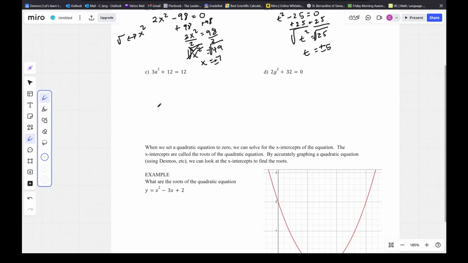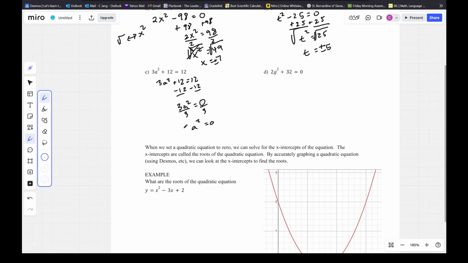Here it's a little bit more complicated, but not too much. 3a squared plus 12 is equal to 12. Before, the other ones had 0, but let's see, minus 12, and we get 3a squared is equal to 0. If I divide both sides by 3, you'll see that this comes out kind of weird. a squared is equal to 0.